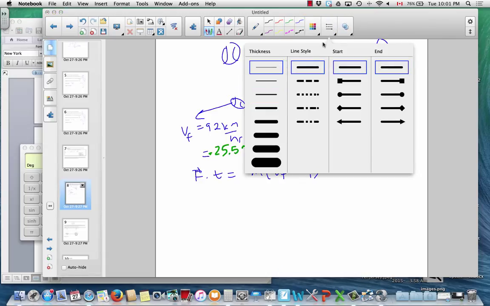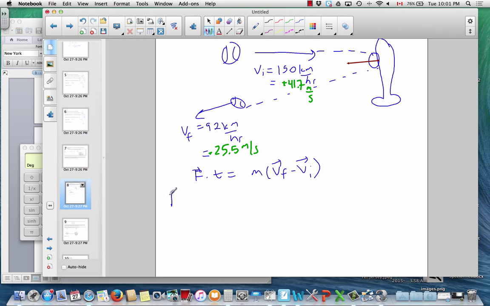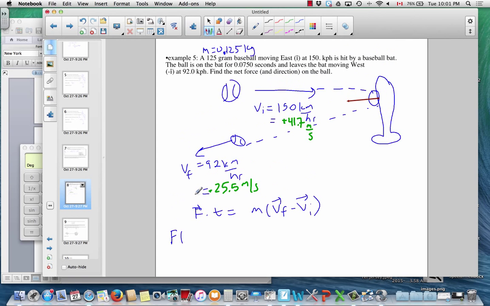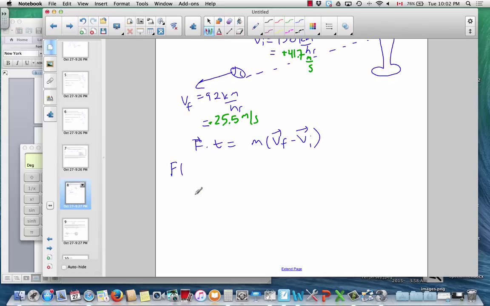Okay, so we can now substitute into the impulse momentum theorem. The force acted for 0.075 seconds. This is kilograms. Now the final velocity is in the negative direction, so we need to be sure in this vector equation to include that. And both of these have units of meters per second. So now, for our units, it's going to be kilogram meters per second.